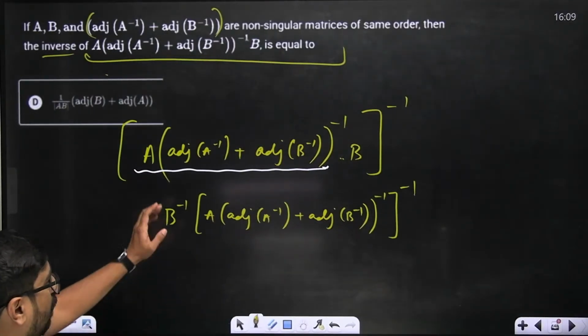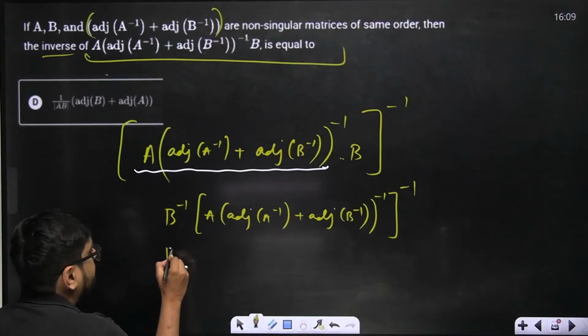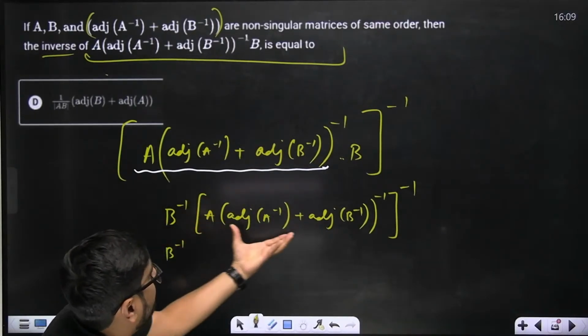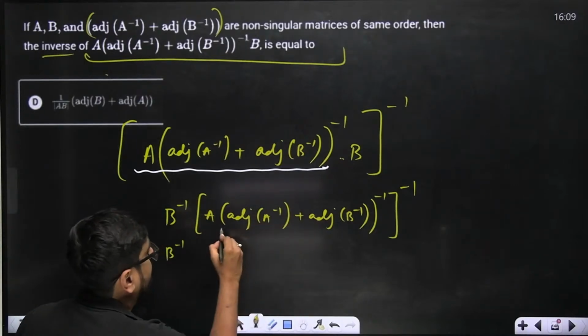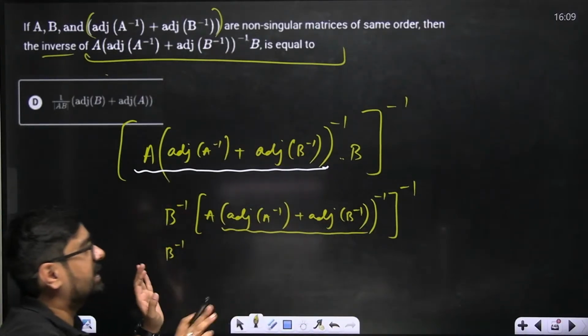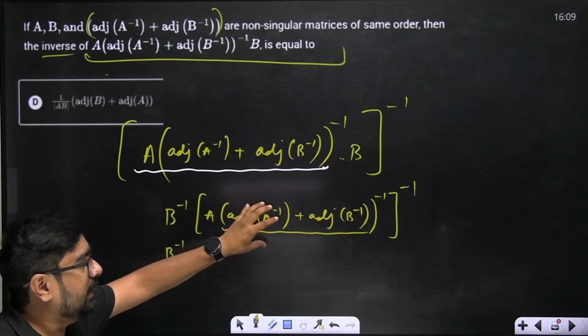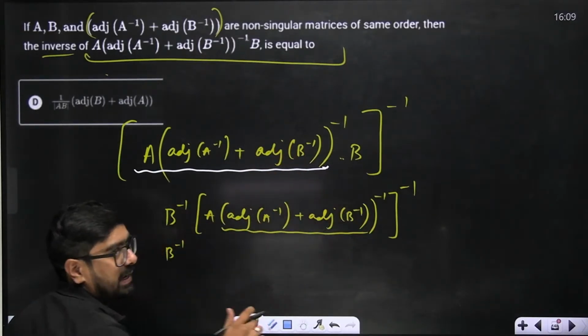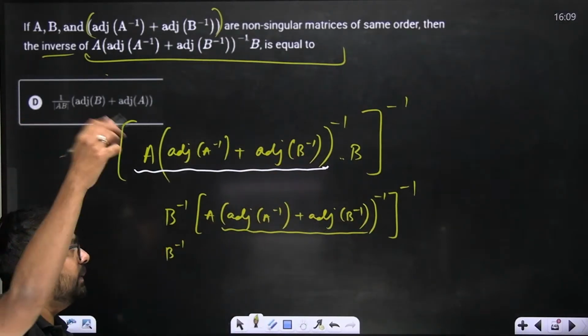Correct. So now B inverse will remain as it is. Now again, A multiplied with the inverse of something, this is one single term. A multiplied with something, whole inverse, will give us what? The inverse of A inverse will be A only.